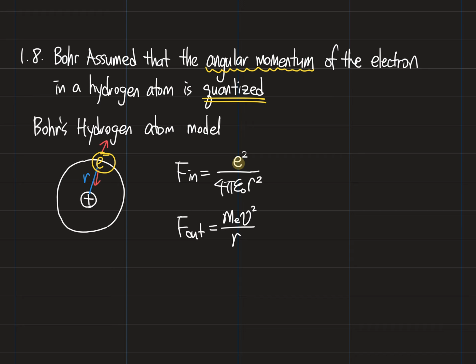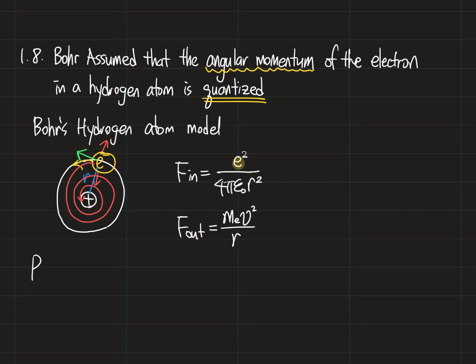So this accelerated electron should continuously radiate its energy, causing it to lose speed and spiral into the nucleus. In classical physics, it should behave like this. Then the electron and the nucleus collapse into each other and there would be no atom in the universe. So in classical physics, the stable atom was a forbidden object.